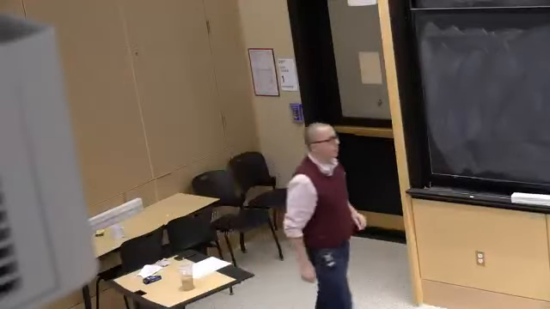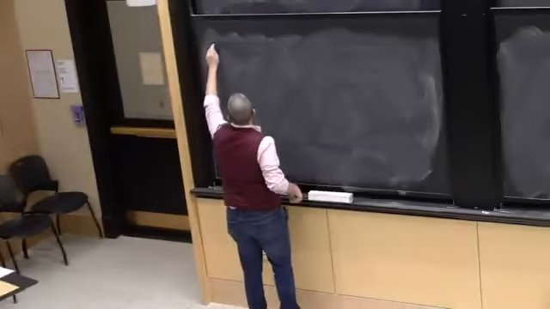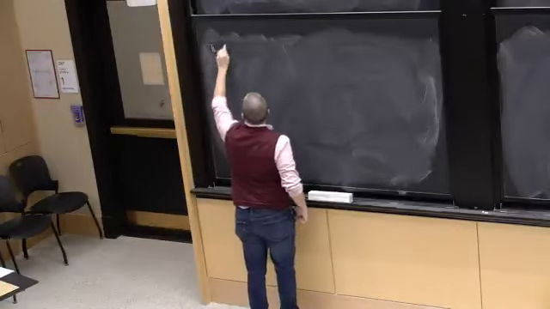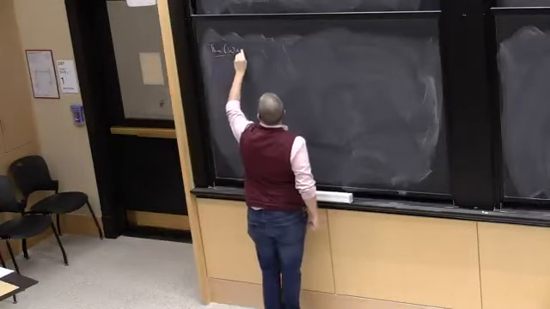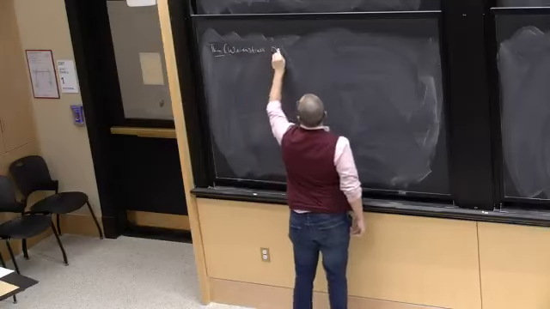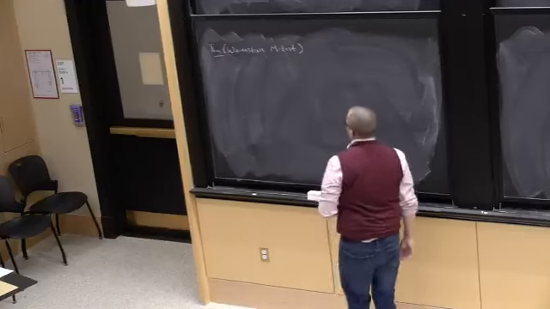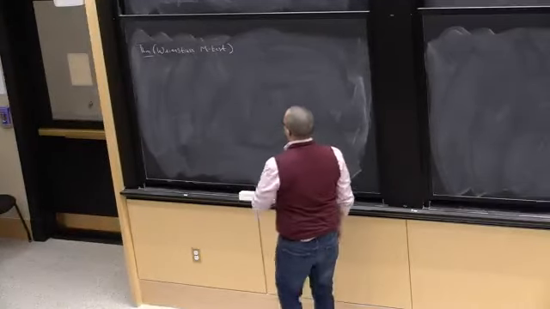Okay, so at the end of last time, let me just restate the theorem that we proved, which was the Weierstrass test, which I'll state in briefer form now as the following.